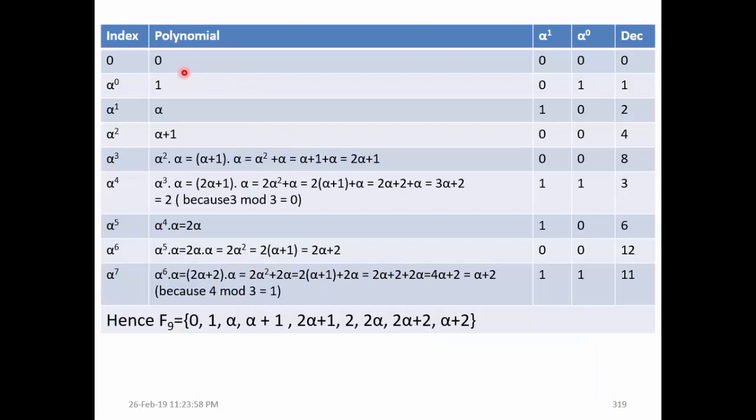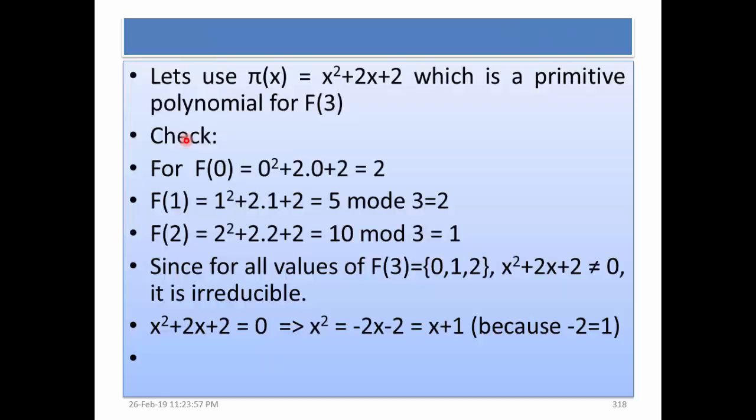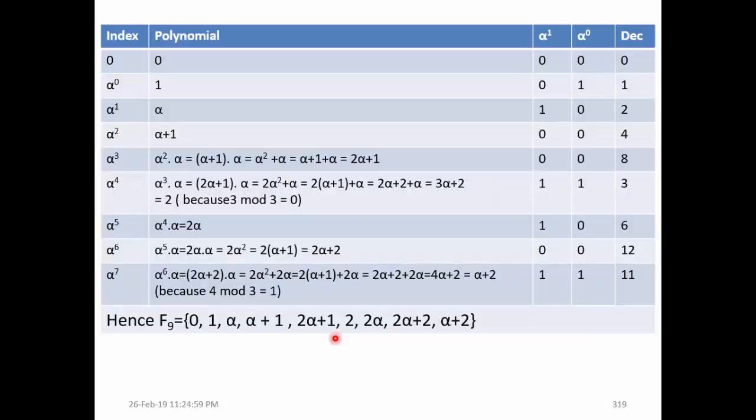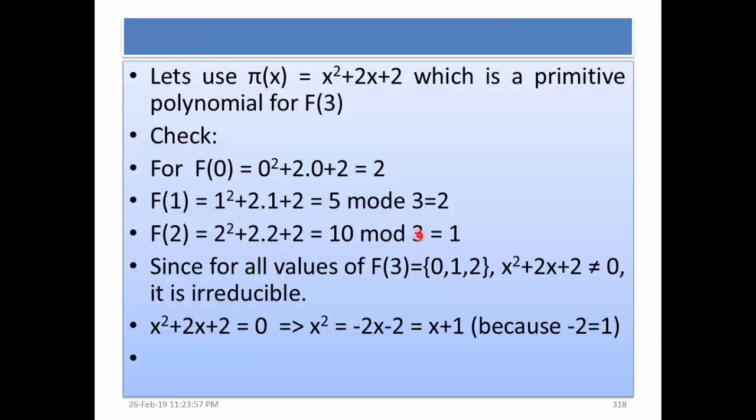Now we again find the polynomials. 0 is 0, alpha to the power 0 is equal to 1, alpha 1 is alpha, alpha square is equal to alpha plus 1, because that's what we have seen over here. X square is equal to x plus 1.